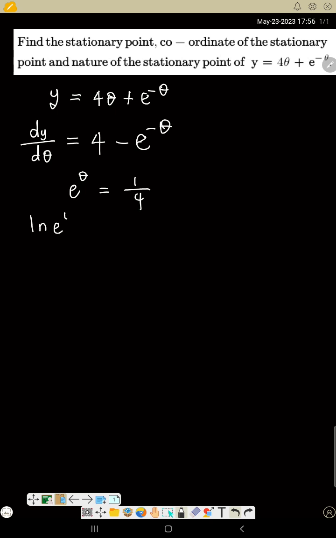So we have ln e raised to power theta equals ln of 1 over 4. So this is the same thing as theta ln e is equal to ln of 1 over 4. So that 1 over 4 is the same thing as 4 raised to power minus 1.